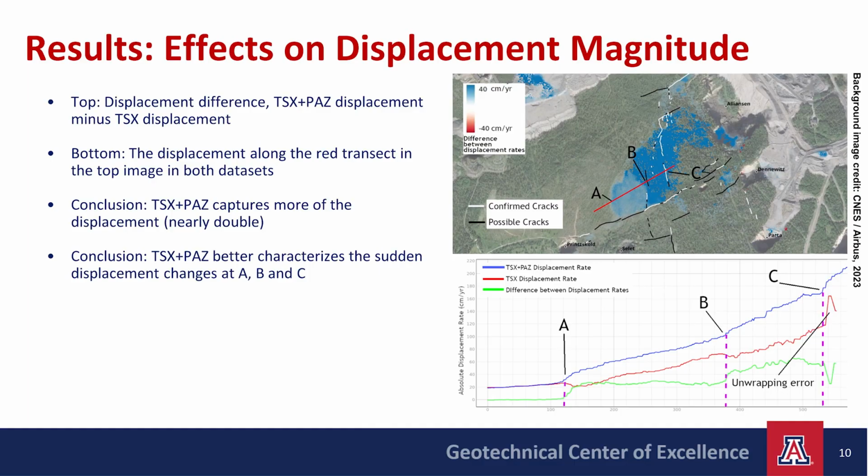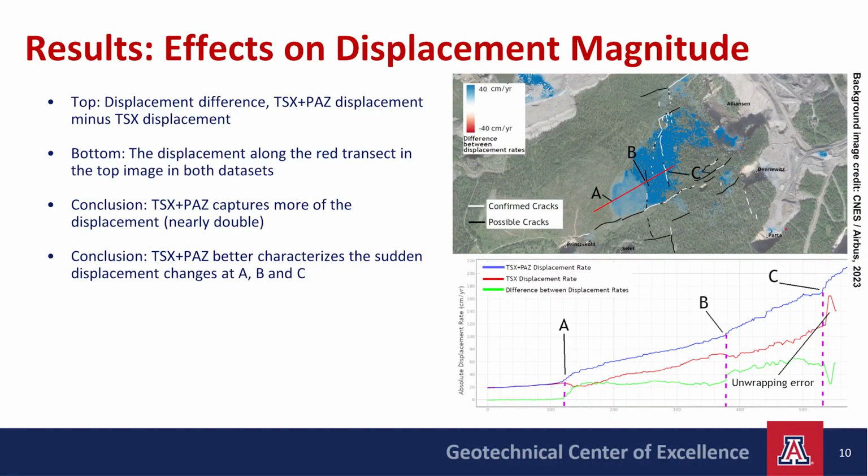And they actually coincide with areas where the displacement changes. So this is where you are more likely to get a problem, more likely to get an unwrapping error, because the data is less able to characterize it if the sampling can't keep up.